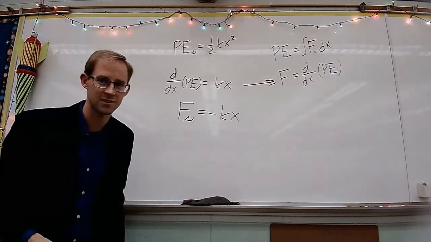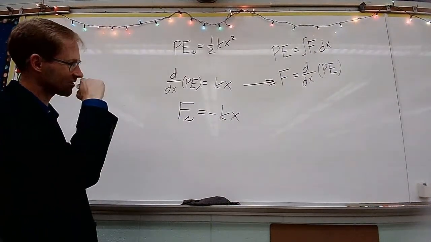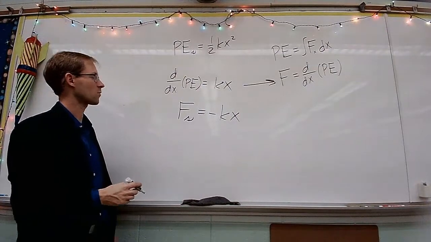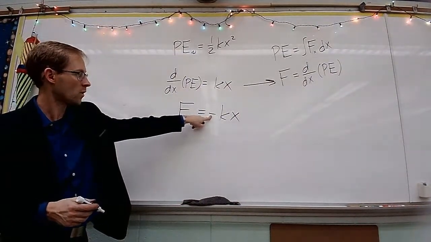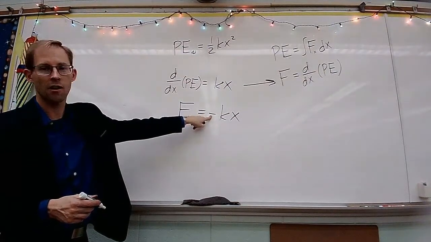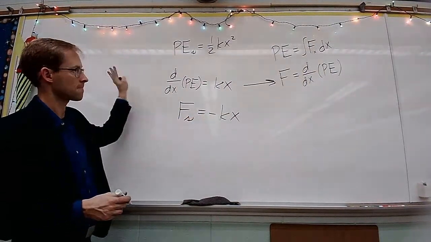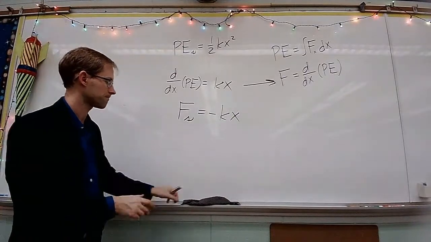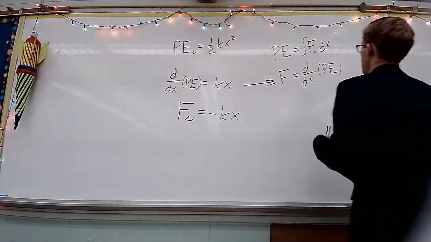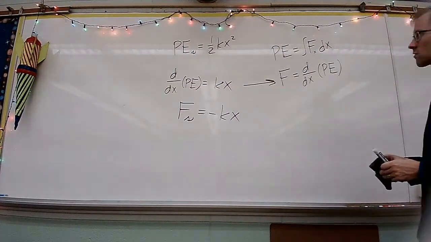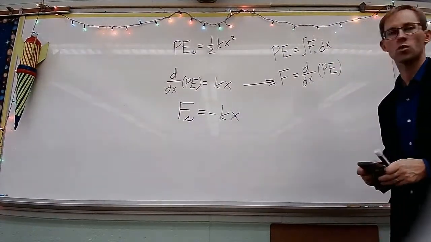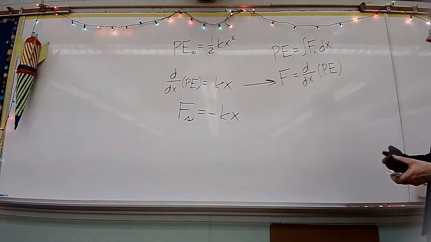Even the calculus, believe it or not, as much as we dislike it. So, of course, the negative comes from the fact that your displacement is always opposite the direction of your spring force. But yeah, just thought that was kind of interesting. So what this means then, of course, too, is that if you're dealing with this graphically, the slope of a potential energy versus distance graph is going to be equal to your force, your spring force.